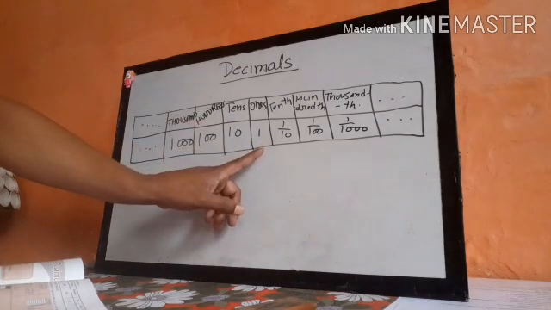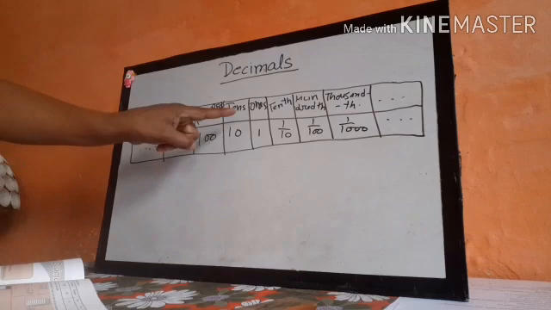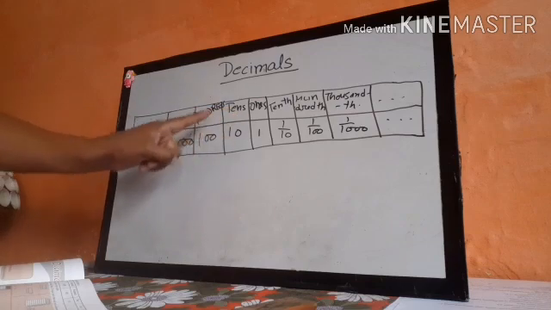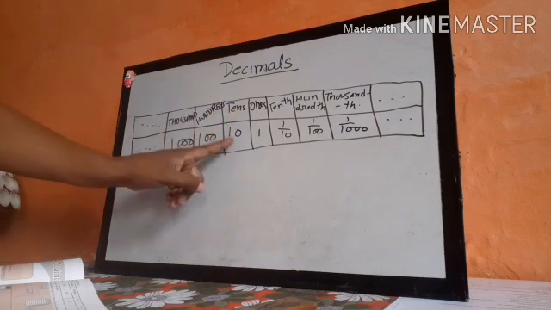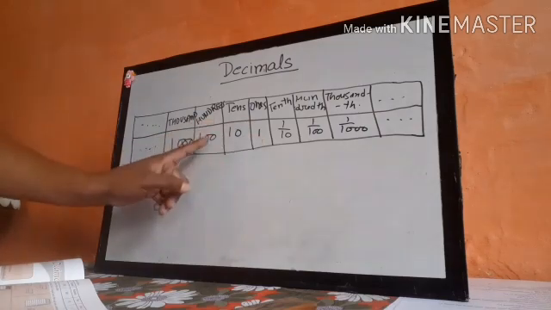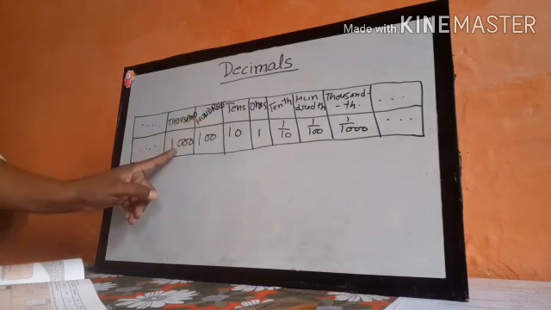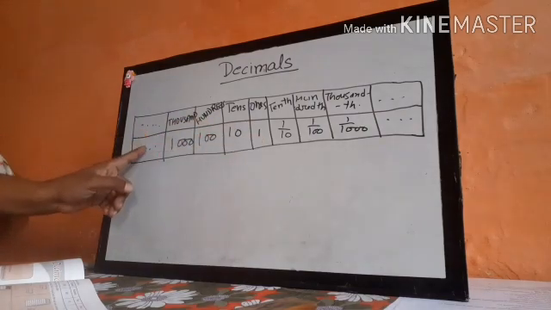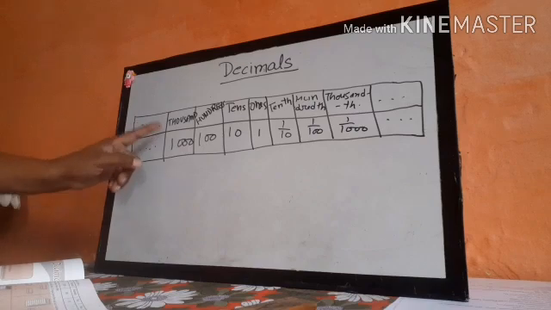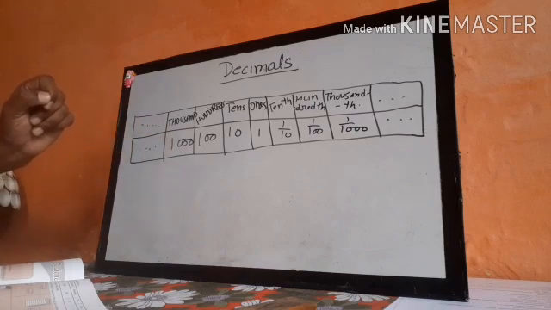Each is 10 times its previous one. It is 10 times of ones, 10 times of tens, 10 times of hundreds, and 10,000 becomes 10 times of thousands.